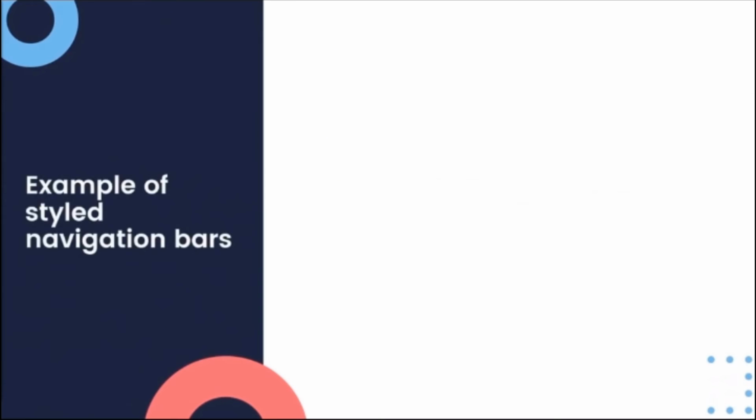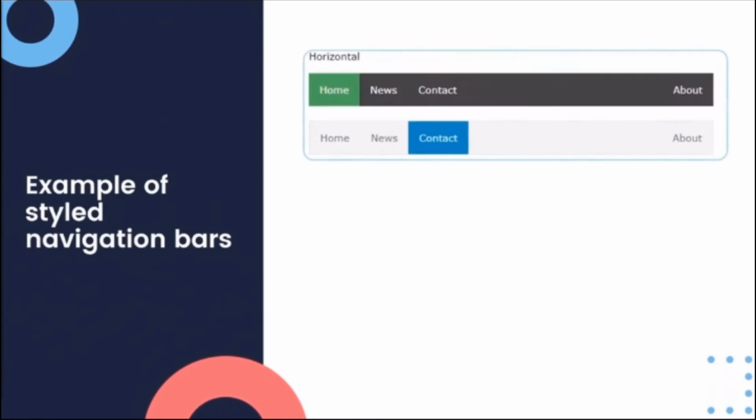With that being said, here we have an example of how we can actually style our navigation bar. We can either do it horizontally, which is what we would consider the most adopted approach among web developers, where you would have all your list items placed next to each other.